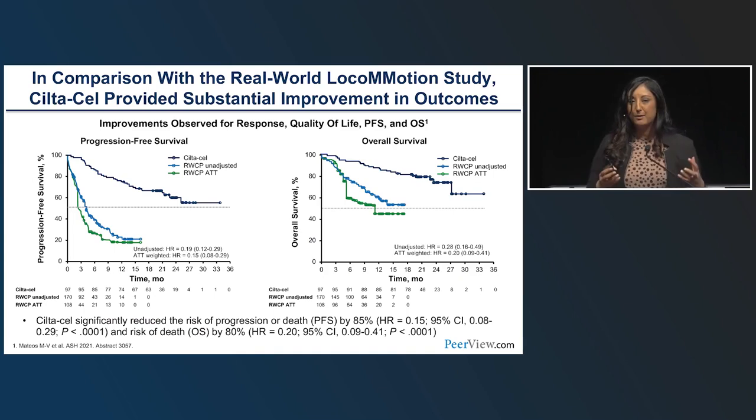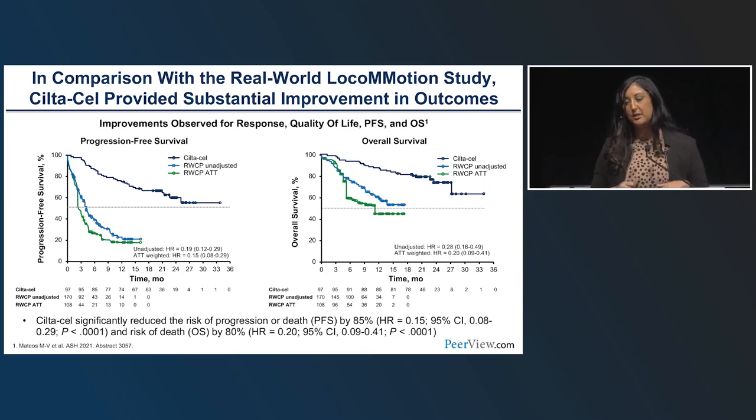So here we don't have as much data yet for our patients getting real-world cilta-cel. There just haven't been as many patients. It was just approved a few months ago. But what they did do, Dr. Mateos and the group actually looked at other patients in the same timeline, in the same cohort type of patients, that actually did not get cilta-cel but got other standard of care therapies, and it's multiple different therapies.